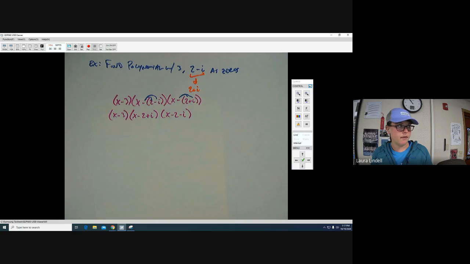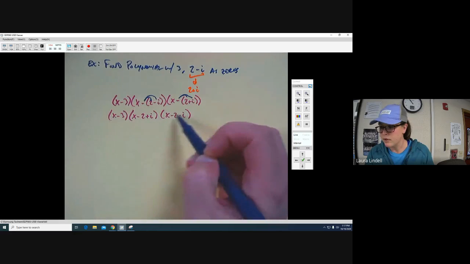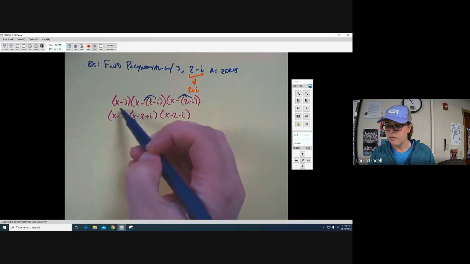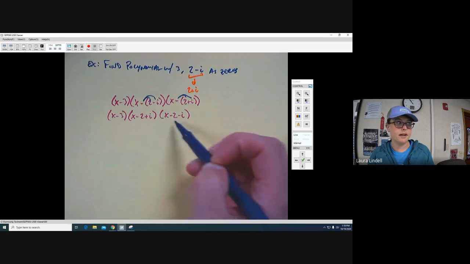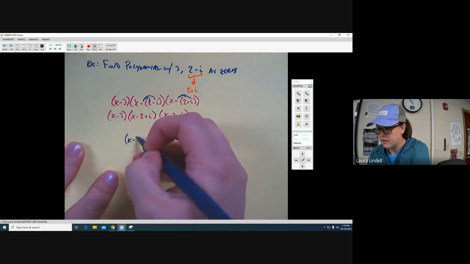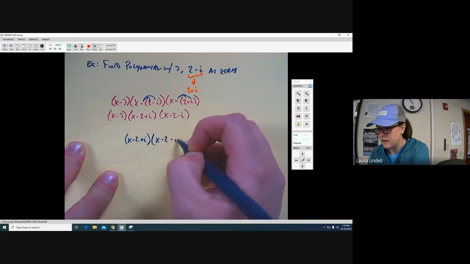Okay. Then what we want to do is first start by multiplying these two things together, the ones with the complex pieces. We're going to leave this one to the side for a moment. We will multiply this one in after we're done multiplying these. So we're going to go x minus 2 plus i times x minus 2 minus i.